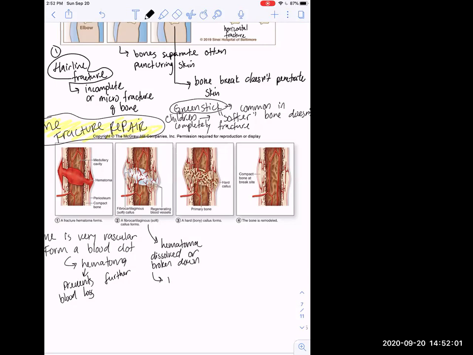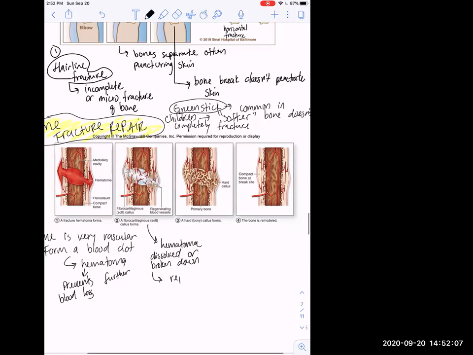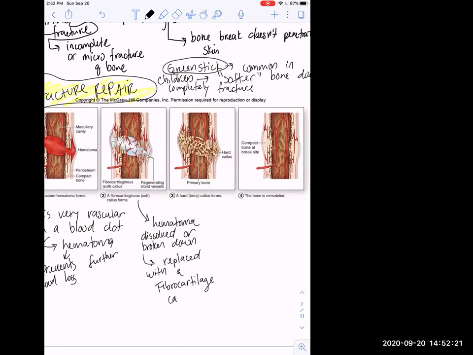And it's replaced with cartilage. And not just any cartilage, a fibrocartilage, what we call callus.